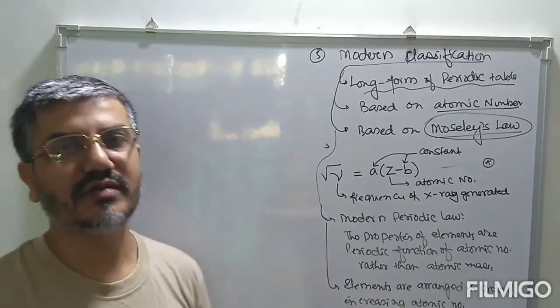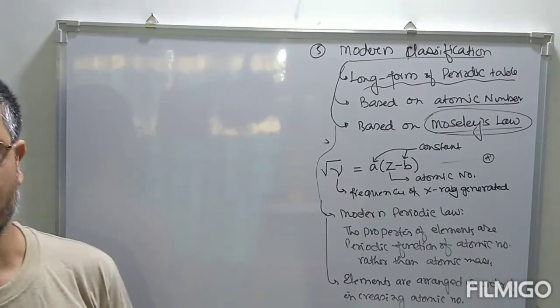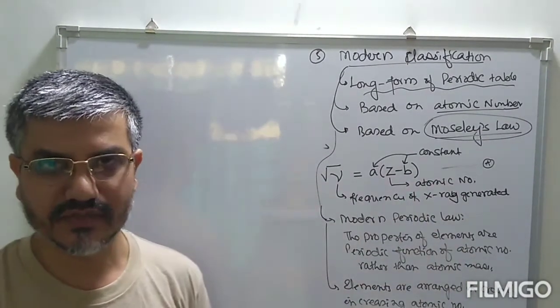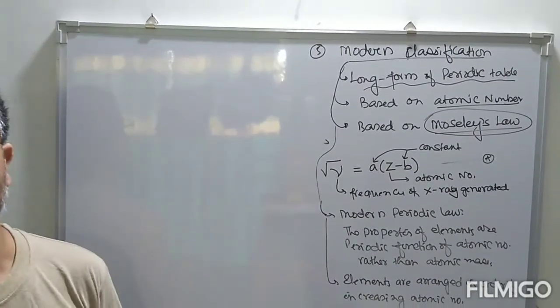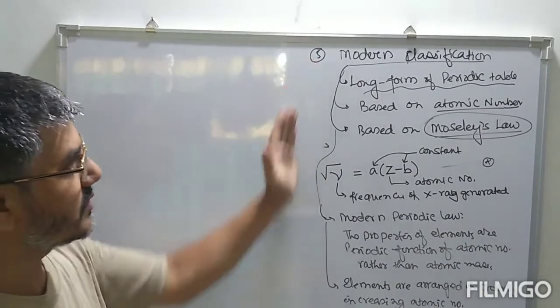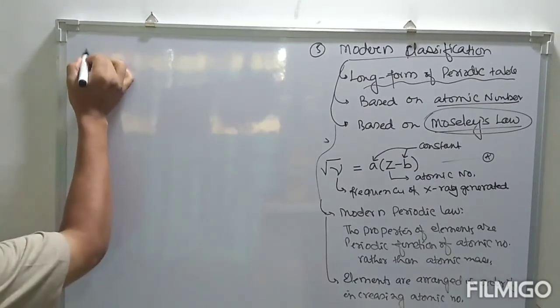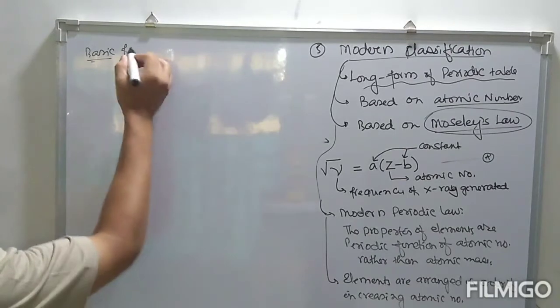Those elements with the same properties were placed in a particular group. Those elements placed in a group were found to have similar electronic configuration and similarities in their properties. So this is the modern periodic classification.